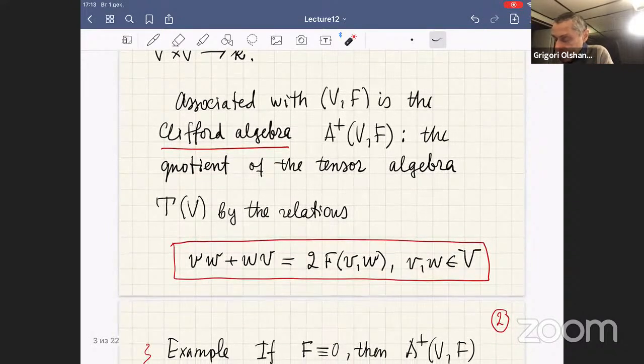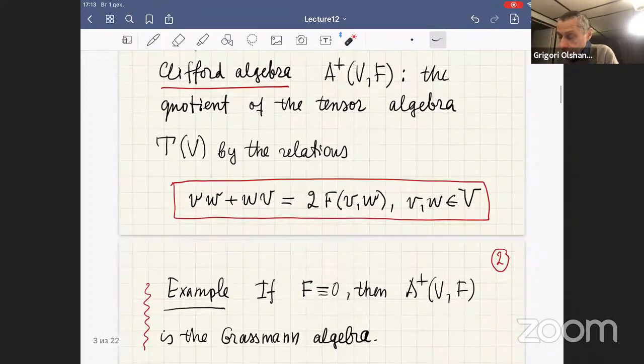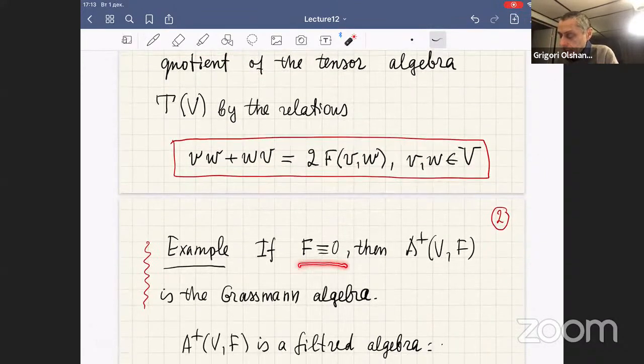We have to impose the relations of such a type, where v and w are arbitrary vectors from V. And after factorization over these relations, we get some associative algebra, which is by definition a Clifford algebra A plus. The trivial example is when there is in fact no form, the form is 0. Then our algebra is simply the exterior algebra, or the Grassmann algebra, which is the same.